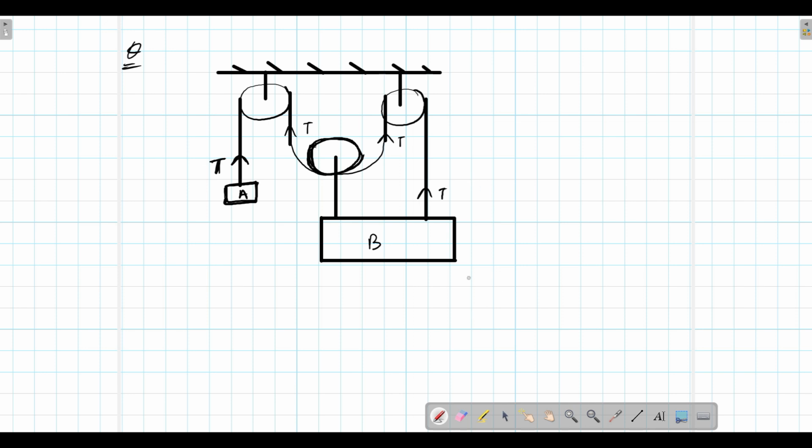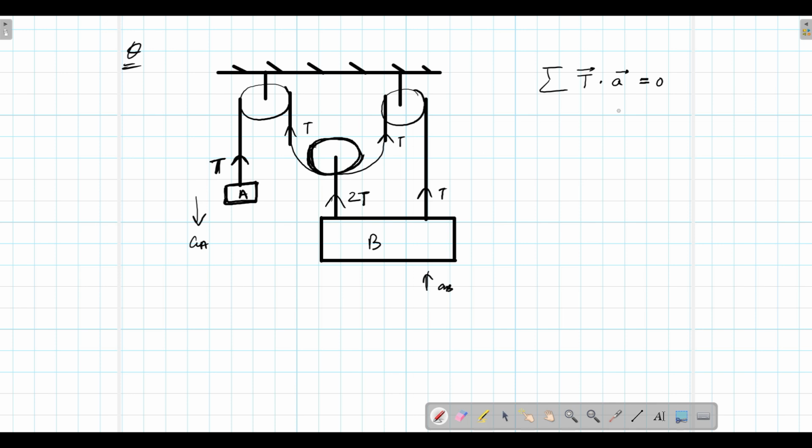So find the acceleration of B. So the rule is summation of T dot A equals 0.